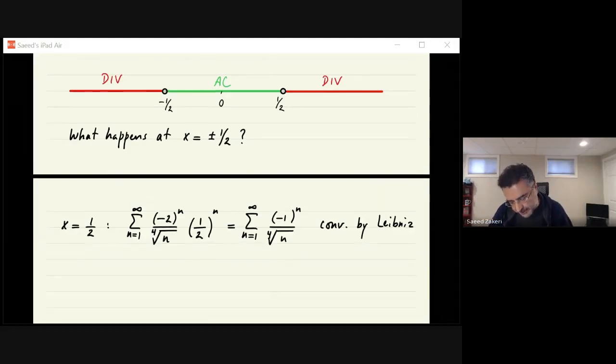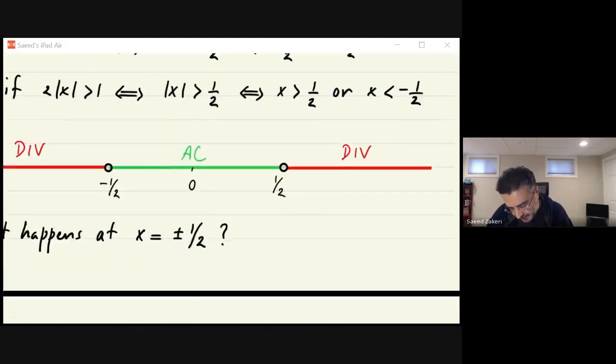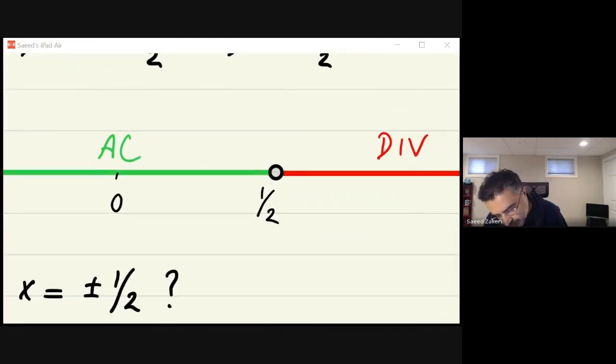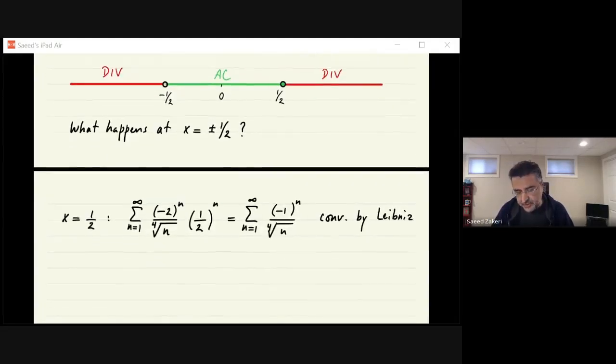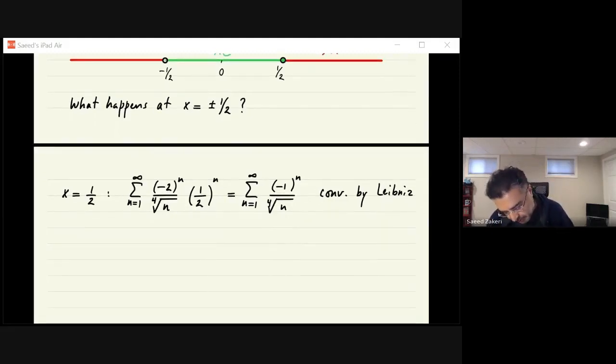So what that means is that I can take this and basically fill it green. I have convergence here. But I couldn't do that using the root test, because that's the case L equals 1 in the root test. So I had to go back and do it by hand.